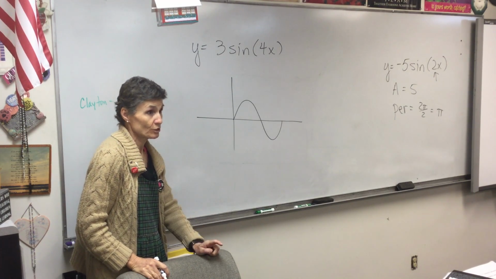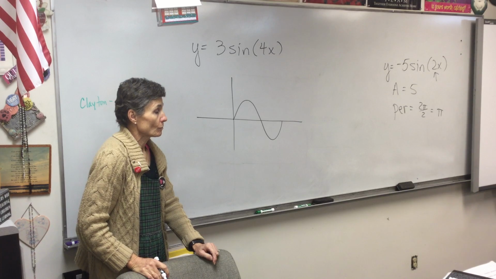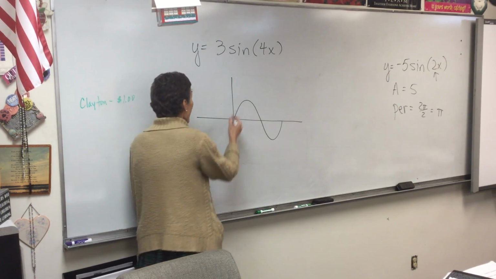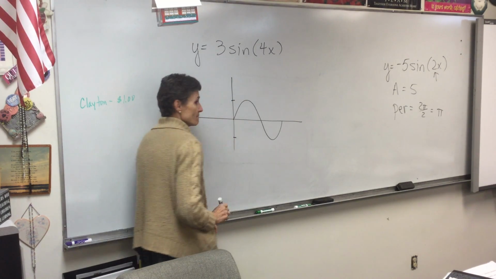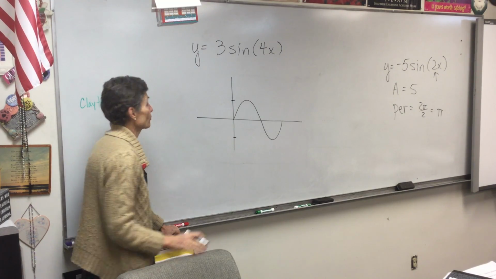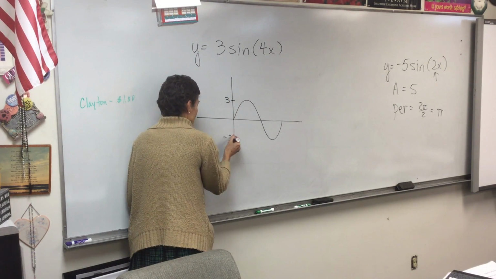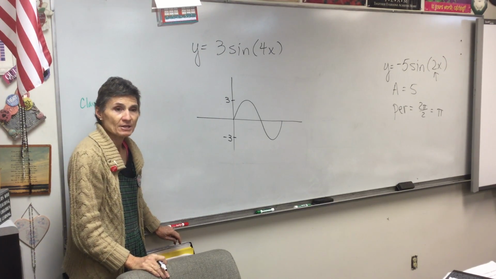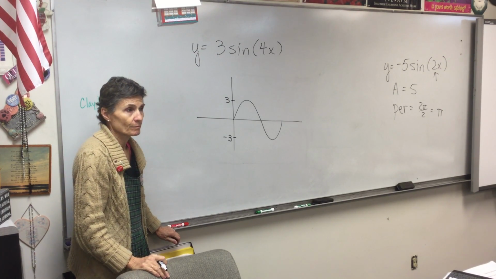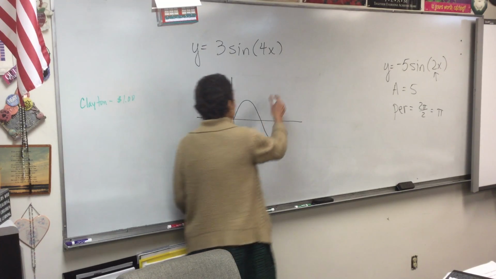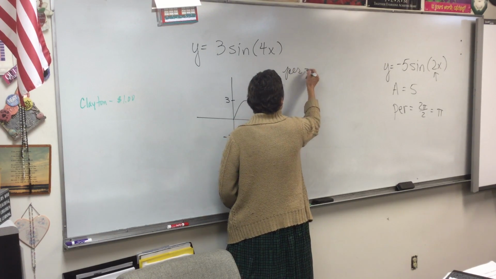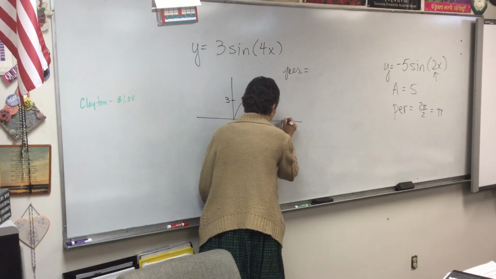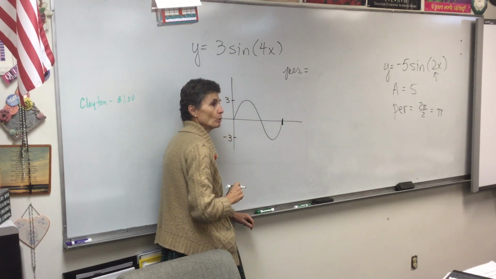Remember, it was on the gold sheet too. How high are these hills and valleys going? 3. That's easy. So you're just simply going to label 3, -3. That's your amplitude. Now, what is the period? If this were a normal sine curve, this label right here would be what?